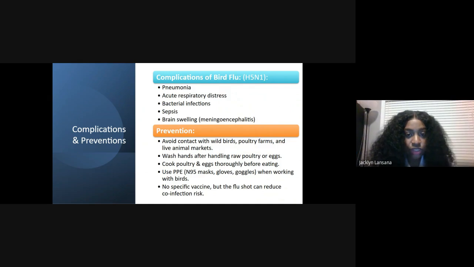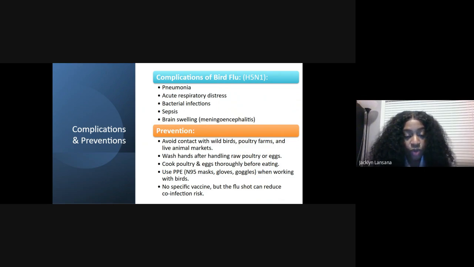Complications and prevention. If bird flu is not prevented, or if any humans have come in contact with bird flu, they can sometimes experience complications such as pneumonia, acute respiratory distress, bacterial infections, sepsis, and brain swelling.